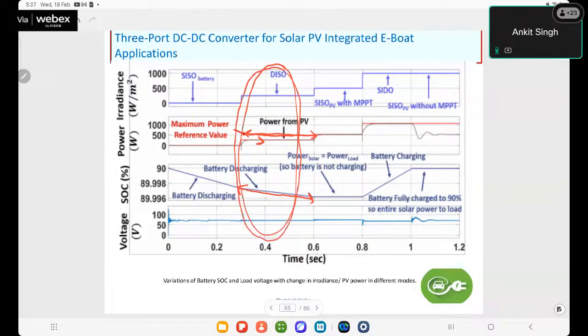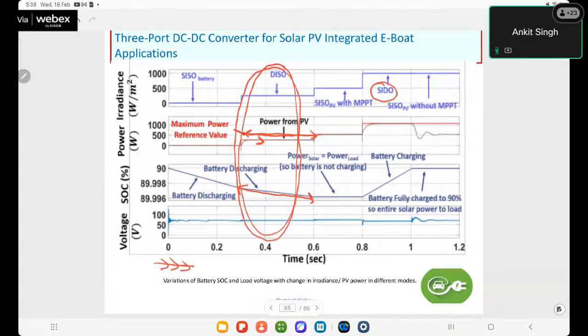Here the important thing is what I have told you already. Solar is on the roof, so the situation is that it may supply the load as well as the battery.